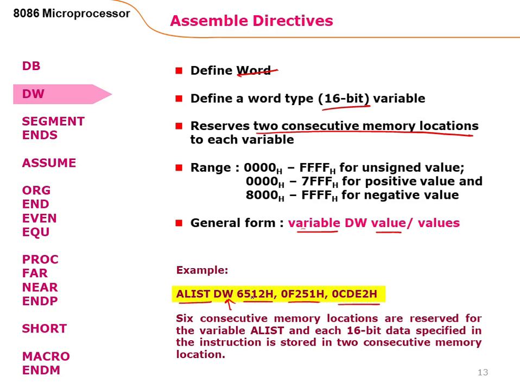So these three values will be stored in the 6 consecutive memory locations which are reserved for the variable list, because each value is 16 bits in size, so it requires a 2-byte memory location.